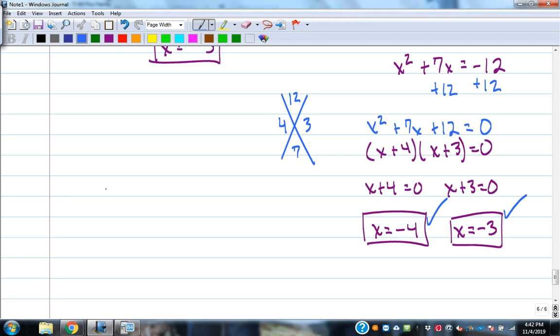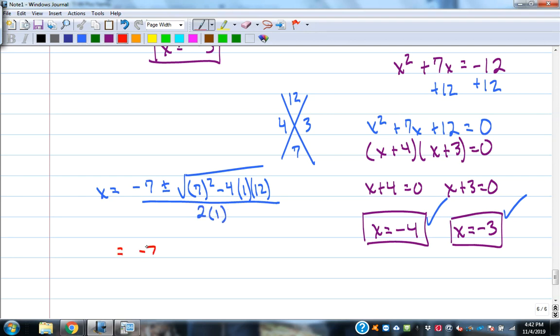Yeah, absolutely. If you wanted to do it that way, you could do x equals -7 plus or minus the square root of b squared minus 4ac, which would be 7 squared minus 4 times 1 times 12, divided by 2 times a, so 2 times 1. You could work that out and get -7 plus or minus the square root of 49 minus 48, which would be 1.